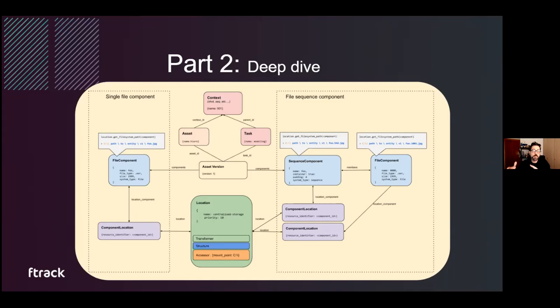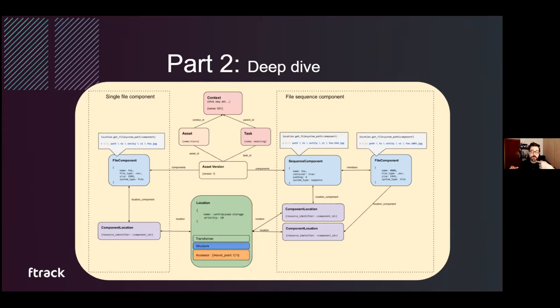And when you deal with sequence components, the game gets slightly more complicated, because the sequence component is basically a container that retains file components. Because you can transfer things between sites, this is what allows you to know, for example, when you're transferring file sequences, how far the file sequence has been transferred.